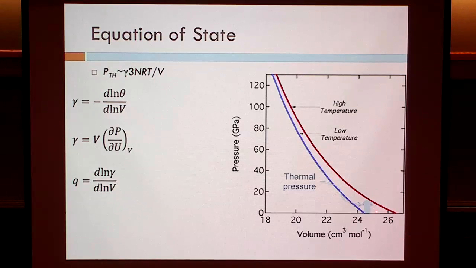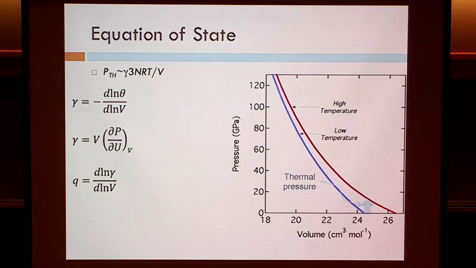Now, if you look at these curves, the thermal pressure is big over here at low pressure, but as you go up in pressure, they get closer and closer together. And this is very typical of crystals. Thermal effects tend to be squeezed out. That's often how we think about it. And so the thermal pressure shrinks as you compress.